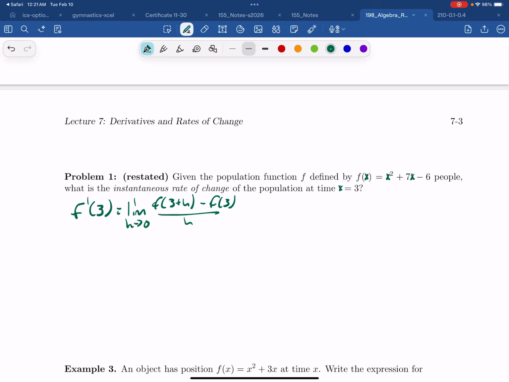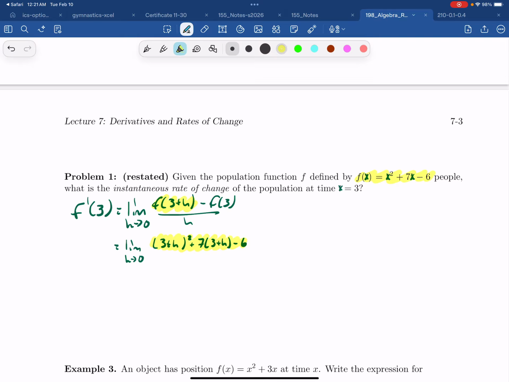But we're going to take this limit by just using f of x, right? We know what f of x is. So instead of f of 3 plus h, we're going to get 3 plus h quantity squared plus 7 times 3 plus h minus 6. You see that this is this, which I just got from plugging 3 plus h into this guy.